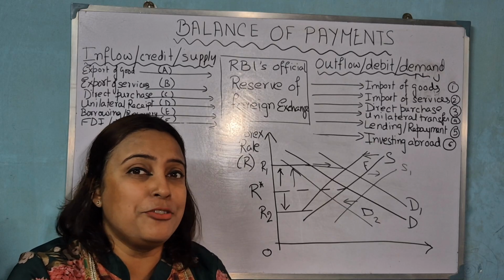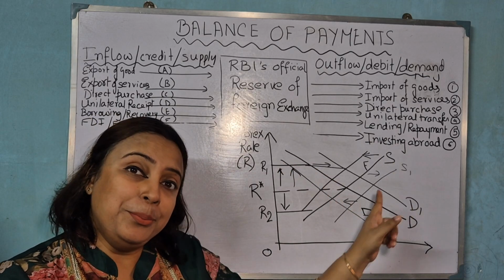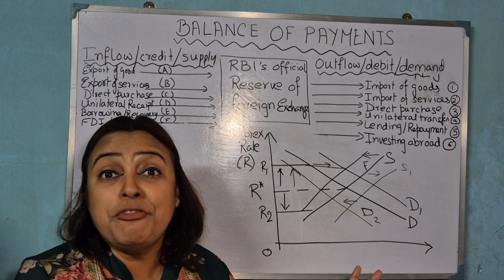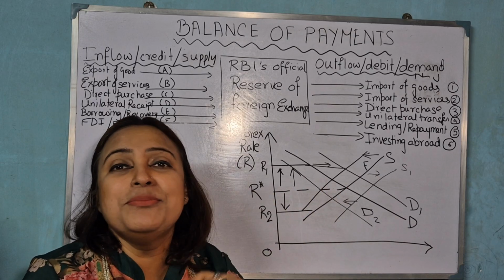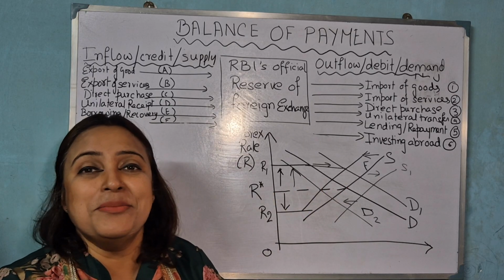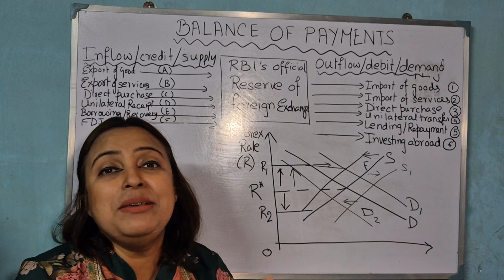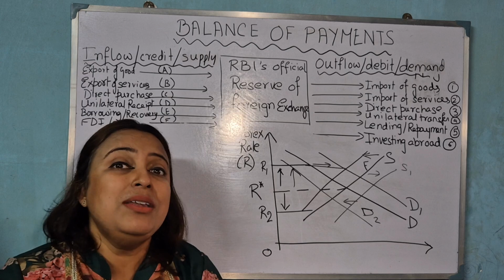And in the flexible rate regime, as I showed you, the intersection of demand and supply in the international market of foreign exchange determines the foreign exchange rate. That is how the flexible exchange rate system is determined, and it is completely being followed by India also in the post 1991 period.